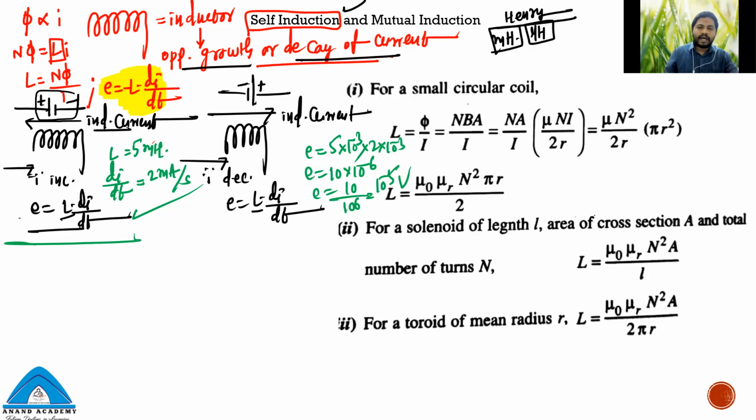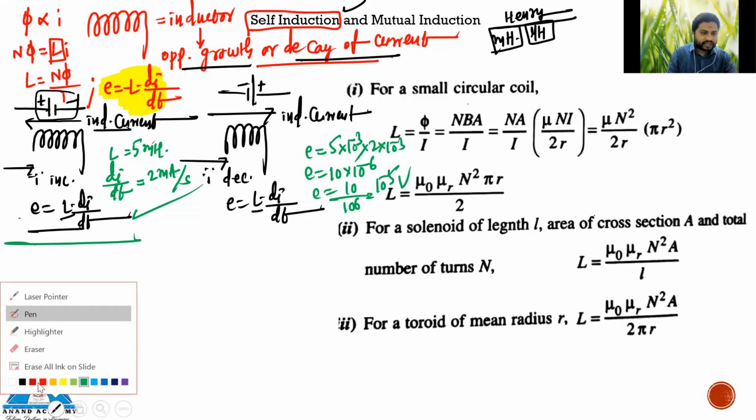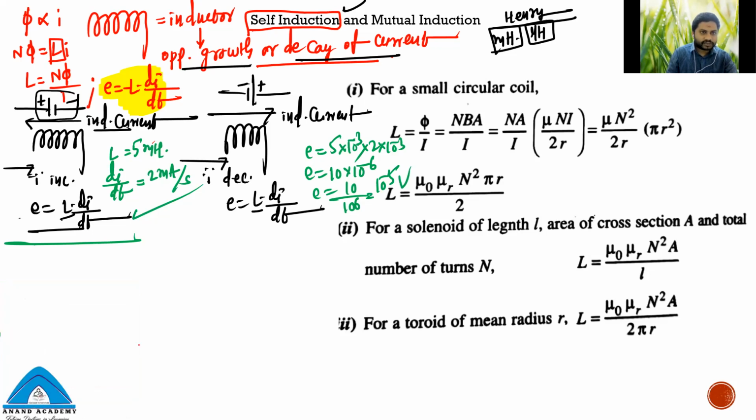I hope you are understanding, and now we'll be solving more and more numericals. Get ready for that. And before that, there are simple formulas mentioned here. Just have a look at the formula, students.